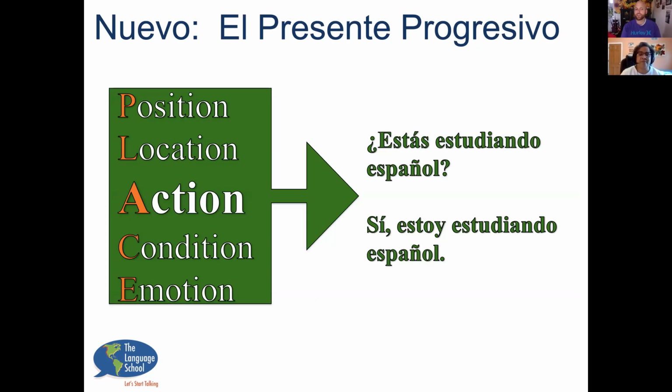All right. So now we're going to learn the A from place, which is referring to an action, specifically an action in progress. That is essentially what we would call the present progressive, or the present continuous. For example, ¿estás estudiando español? Sí, estoy estudiando español.